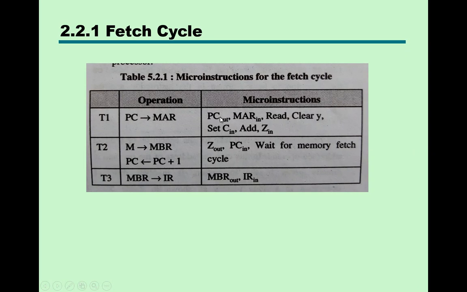So we have to set this pin PC out and MAR in. Then you put that address onto the address bus, and after putting that address on the address bus, it will be read from the memory. So all these are the multiple micro operations required for one operation.